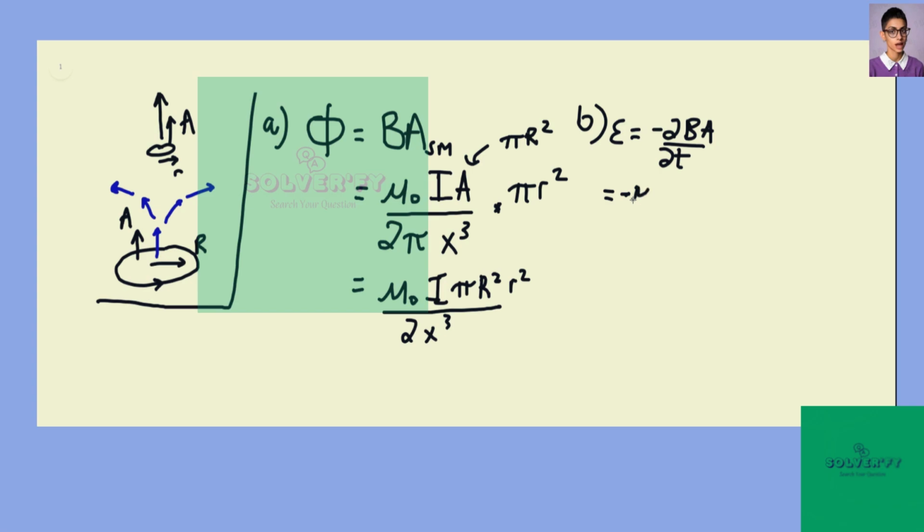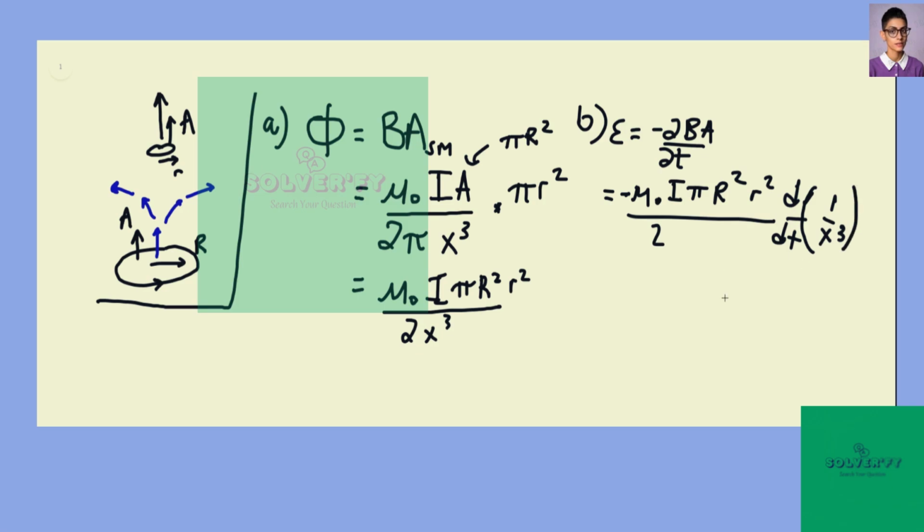So I'm going to take everything else and put it on the outside and write this: little r squared divided by 2, and then d by dt of 1 over x cubed.